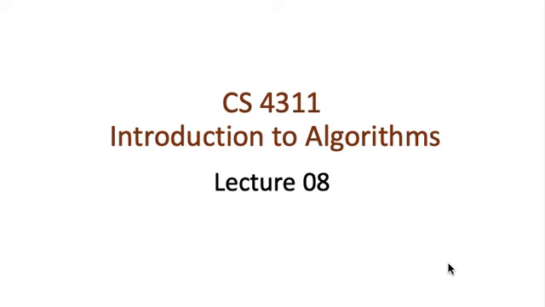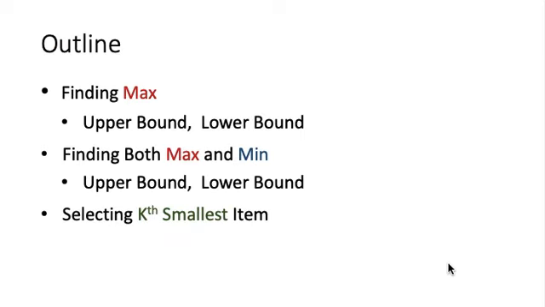Welcome to Lecture 8. In this lecture, we will talk about how to compute several statistics related to a collection of n items. We will talk about how to find the maximum of these items, how to find both the maximum and the minimum of these items, and also how to find the kth smallest item.